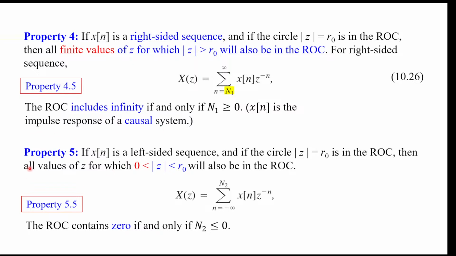And also property 5, for a left-sided signal the ROC is inward, but includes 0 if and only if n2 is less than or equal to 0. Okay, so this analysis of infinity and 0 is something that we only take care of for the Z-transform.